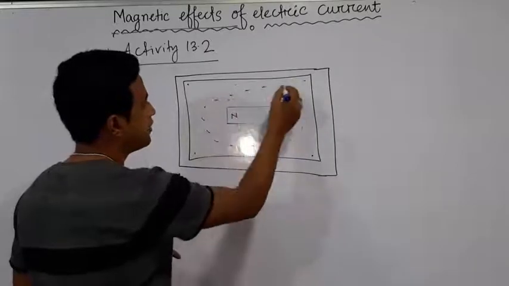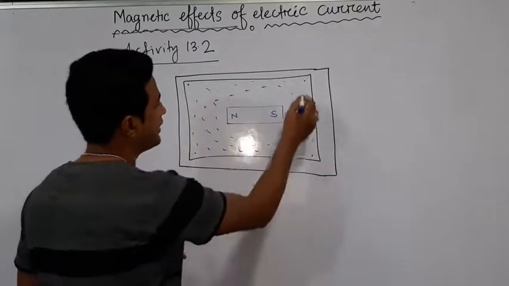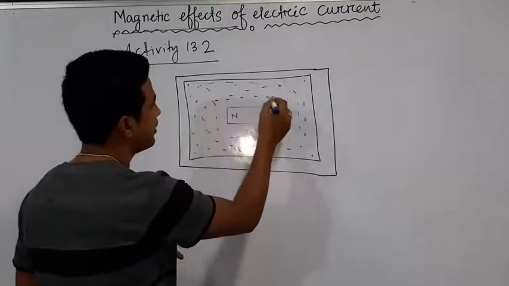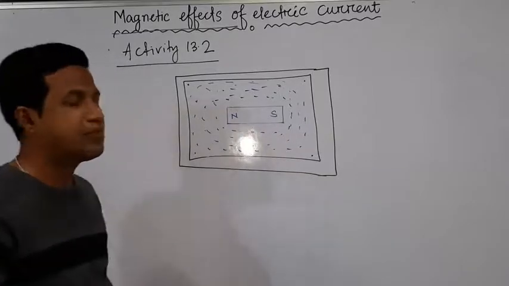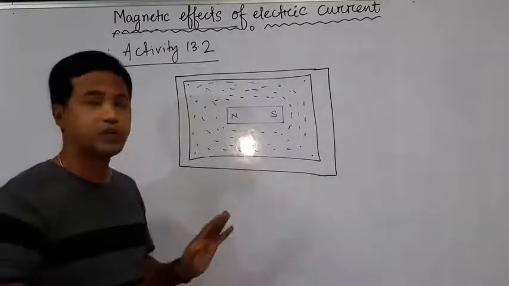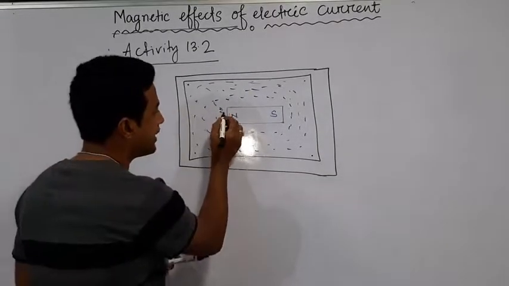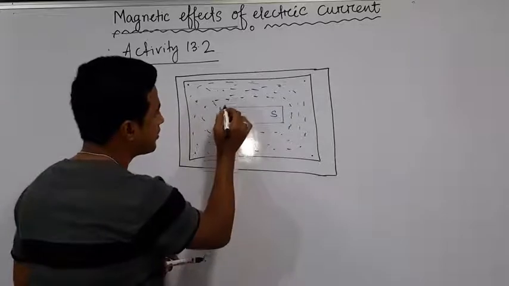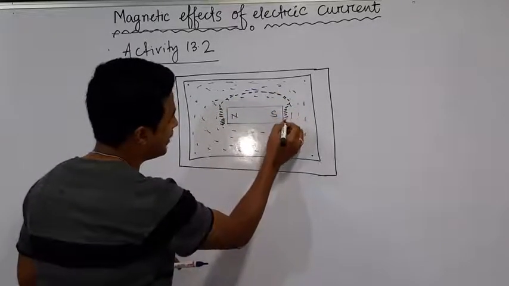So what will happen? After a few minutes we will find nothing much is happening, just a little attraction. So suddenly I will simply tap on the board. At that time you will find the iron filings are creating field lines like this.